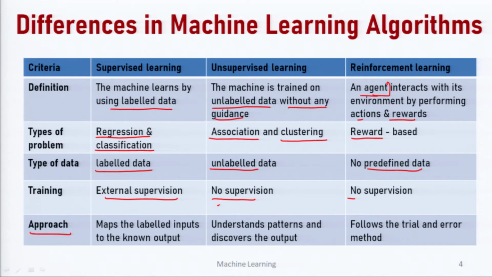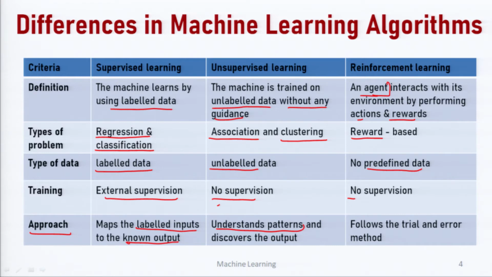In supervised learning, the approach is mapping the labeled inputs to the known outputs. The input is available, the output is available, and the function has to be optimized. In unsupervised learning, the approach is that it understands the patterns in the data.